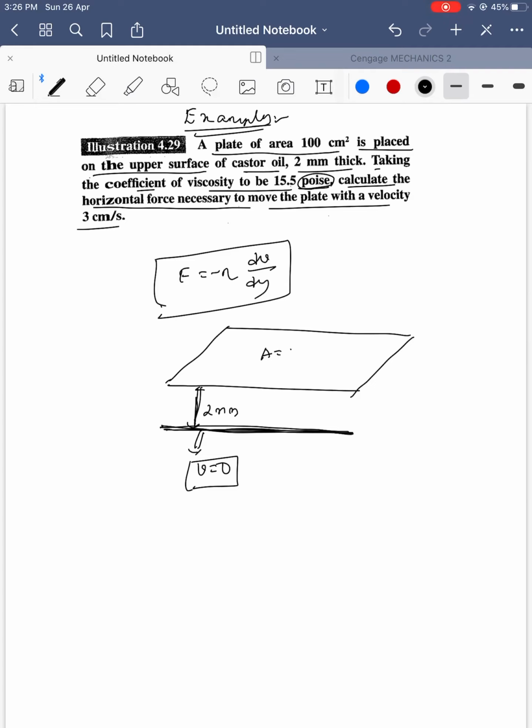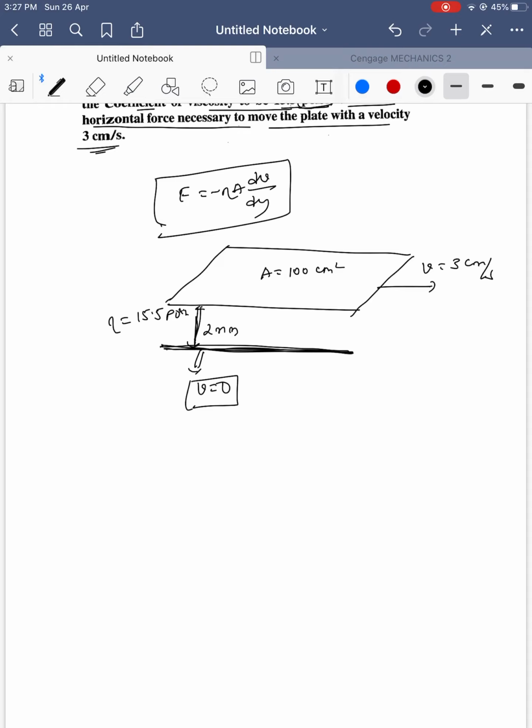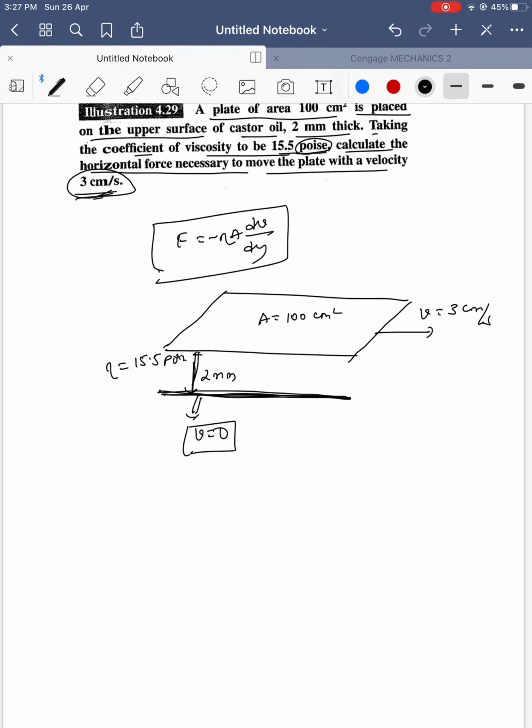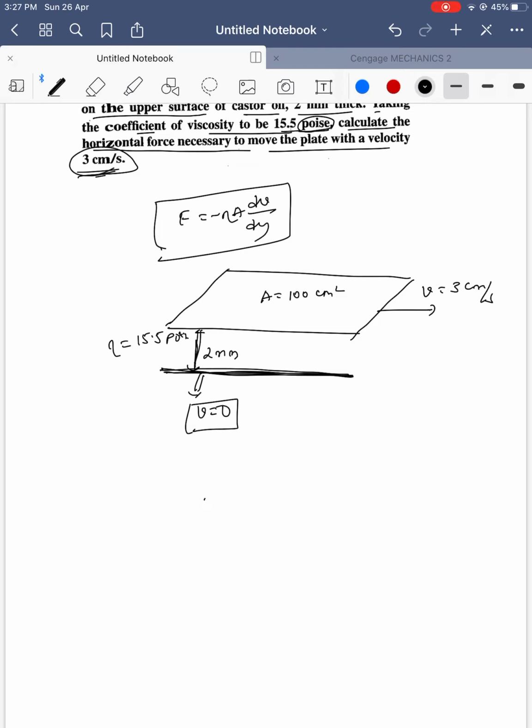Area A is equal to 100 centimeter square, mu is equal to 15.5 poise. Upper layer velocity V is equal to 3 centimeter per second. So it is moving with a constant velocity. If the constant velocity is given, the net force should be equal to 0.